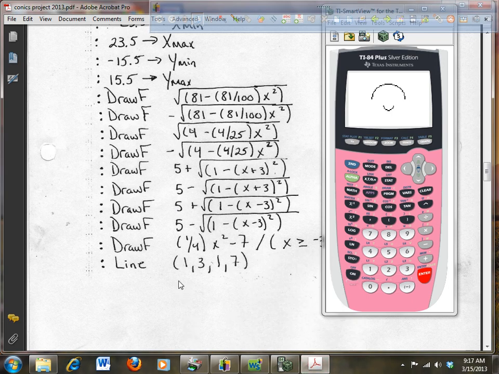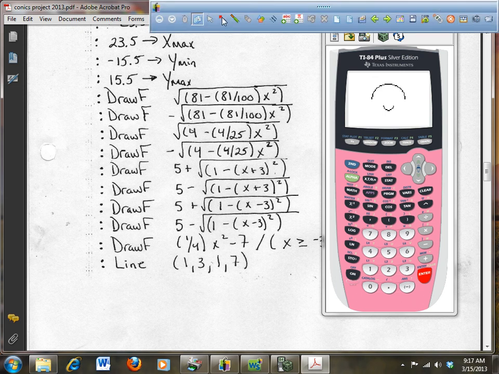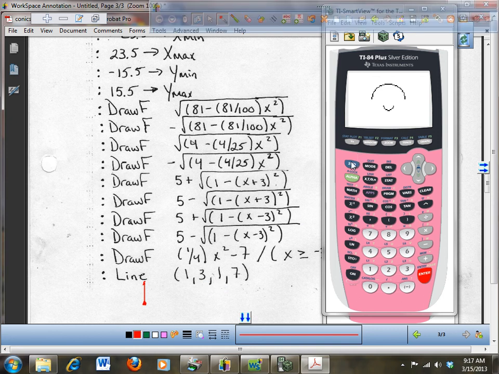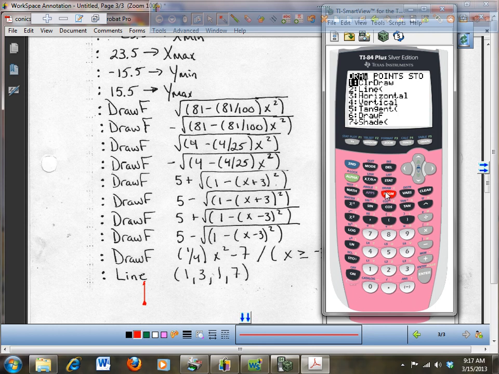So if I want to draw a line from the point 1, 3 to the point 1, 7, which would be a vertical line, right? You can do that real simply just by going to the second program draw line commands. Where is that? Whoops, I wasn't in my program, was I?